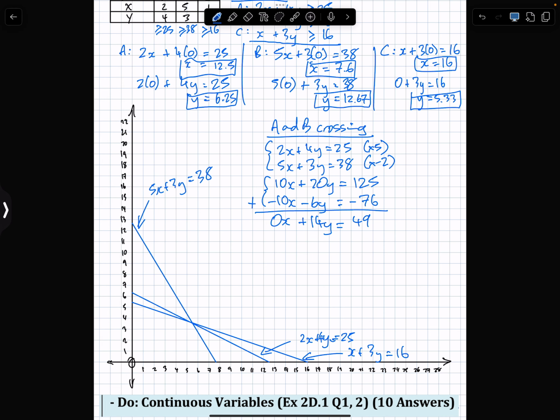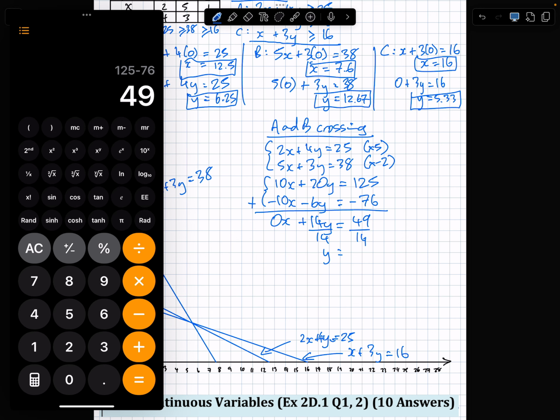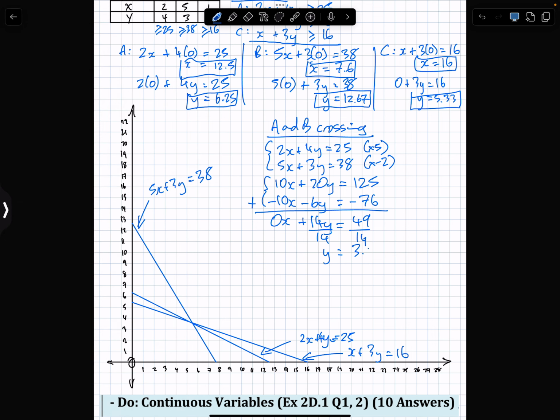What's that 14 doing to y? What's the opposite of multiplying by 14? Divide by 14. Y is going to be 49 divided by 14, 3.5. I've got y, I need x. So I'll substitute that.